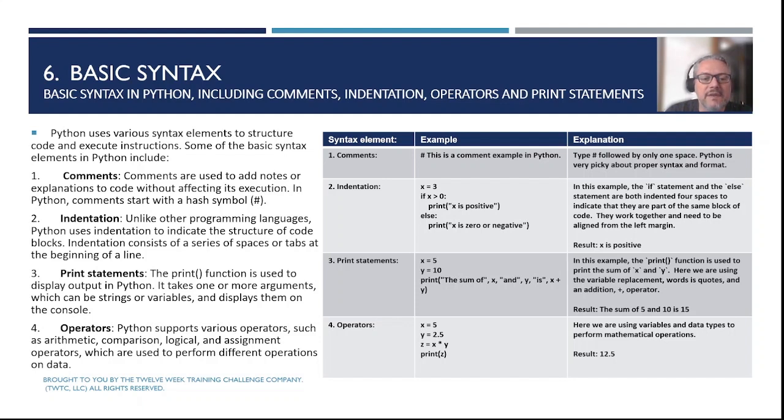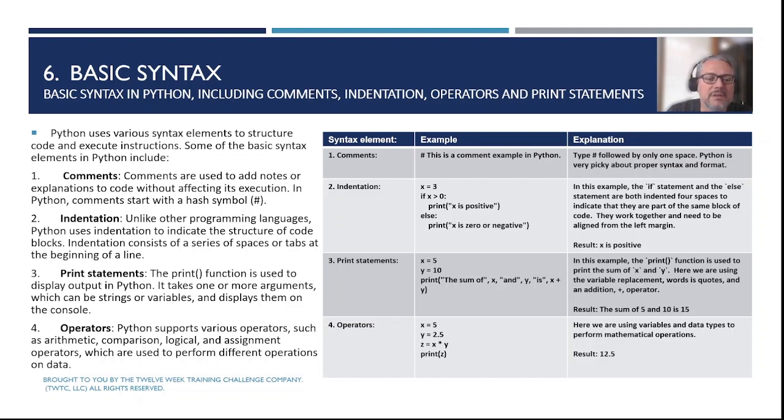And then the if and the else and the two prints are aligned, so that's another code block. What that's doing is saying if x is greater than 0, print x is positive. Otherwise, or else, x is 0 or negative. So this result will be x is positive.